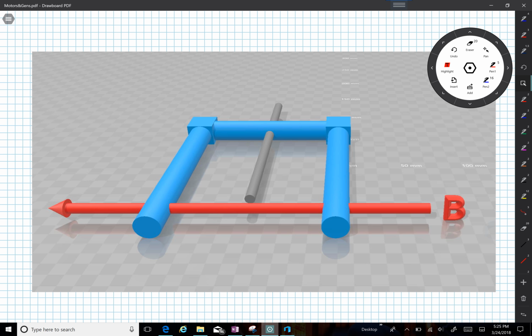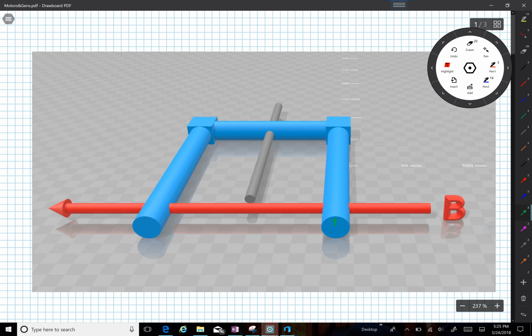Here's that same diagram, only now it's not dynamic, it's static. Let's put a couple of vectors on here. So let's say that I hook up a battery so that current is going to flow in the direction of these green vectors.